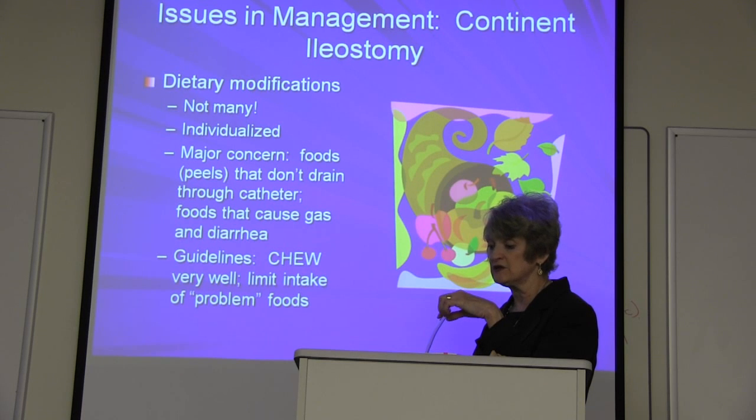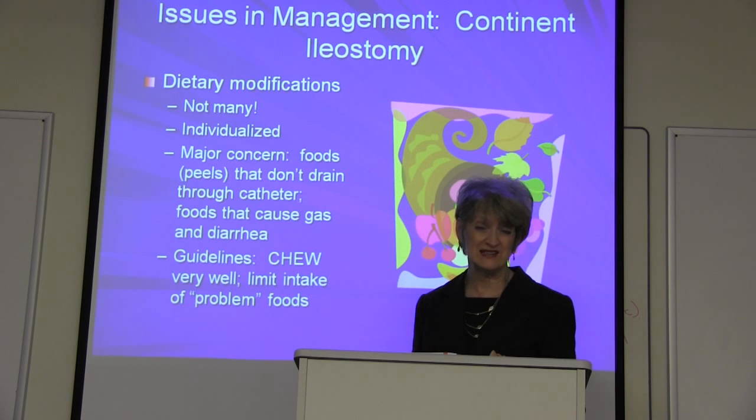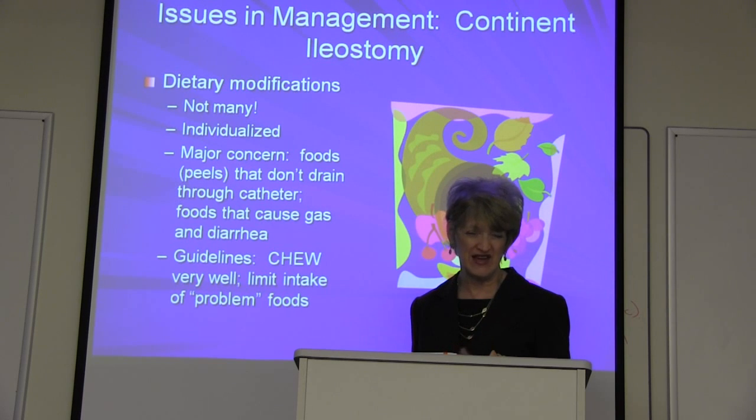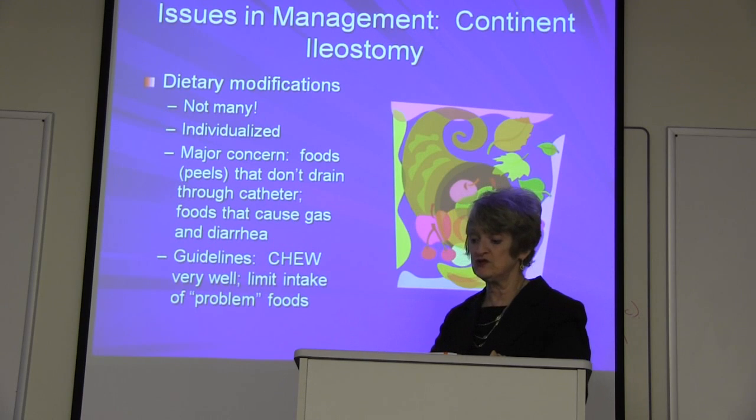Any foods that you cannot chew up well enough that they're going to drain through, you're going to need to strictly limit or avoid. If there are foods that you find cause you excessive gas or diarrhea, that's going to cause your reservoir to fill up much more quickly, so you probably want to think about how much of that you eat and when. But most foods they can eat.